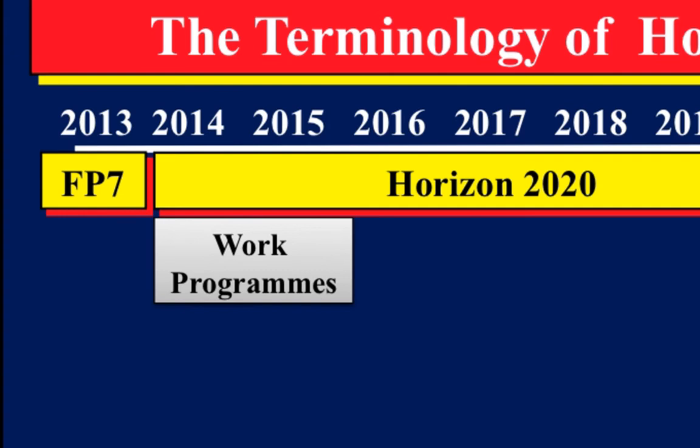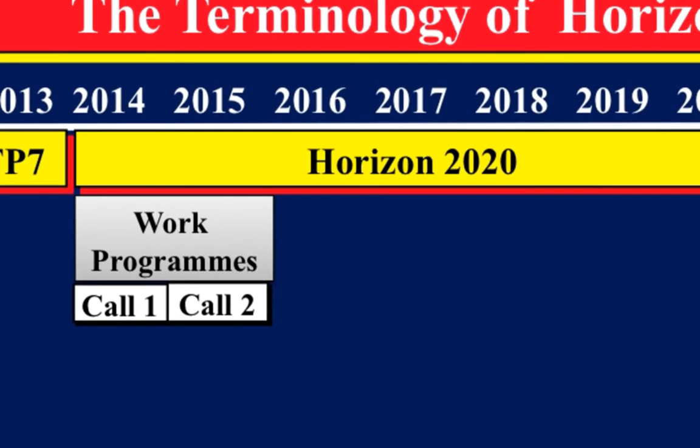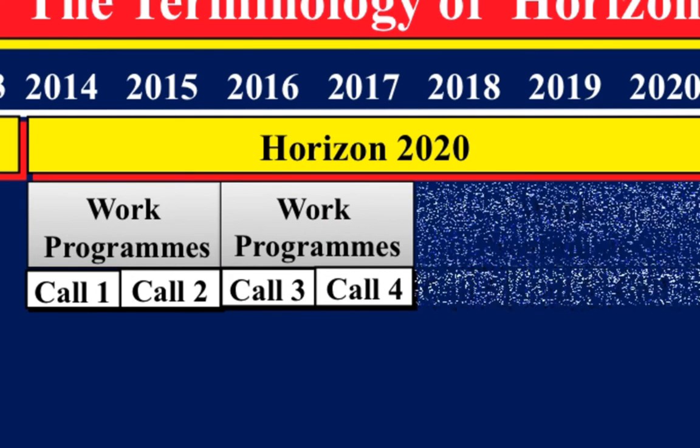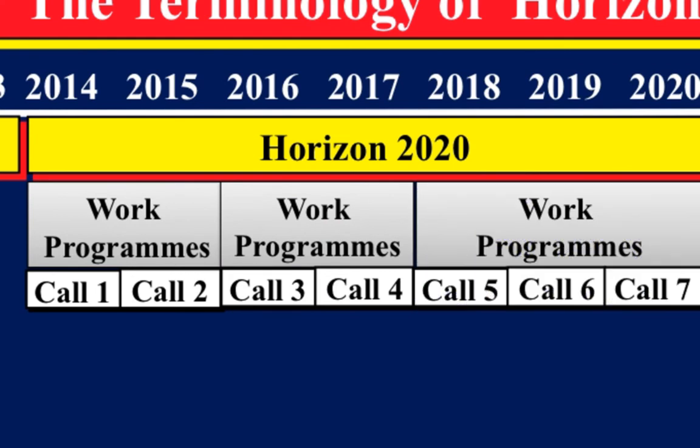Now the first set of work programmes that were published covered the period 2014 to 2015. Now a call for proposals was published in 2014 and another one was published in 2015. Now, a second set of programmes was published in 2016 and 2017, and another set for the period 2018 to 2020.